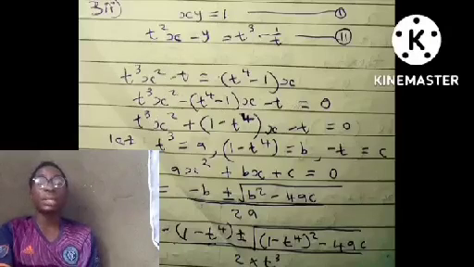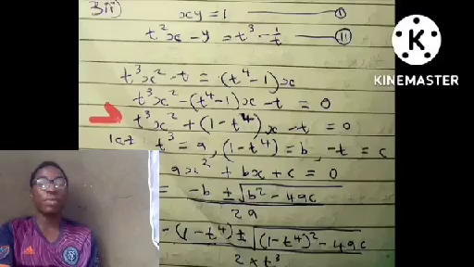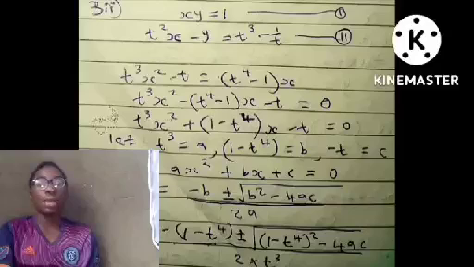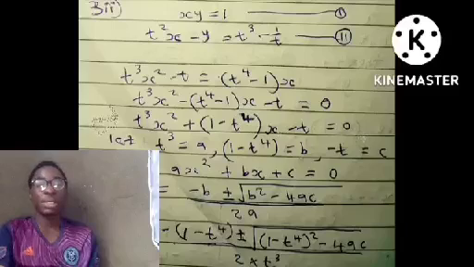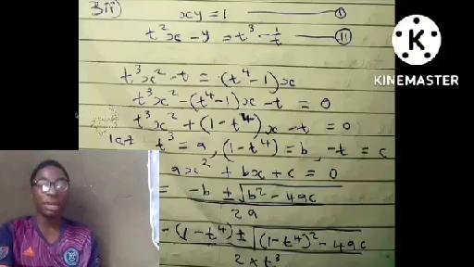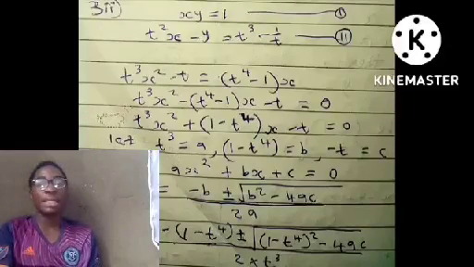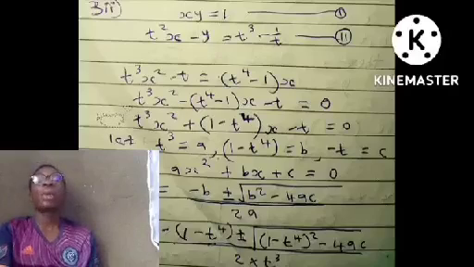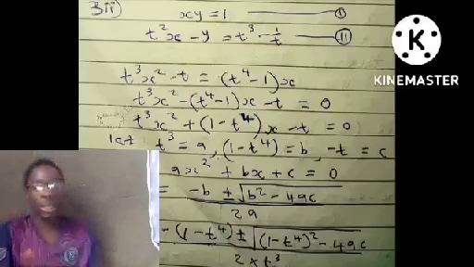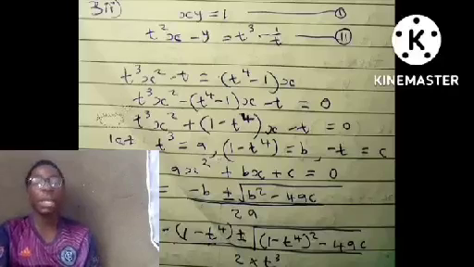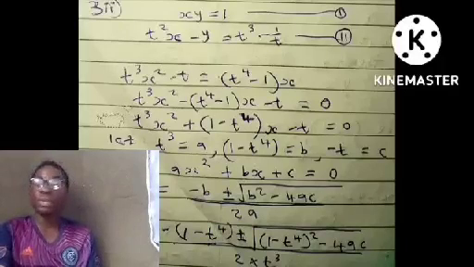So this one has already formed a quadratic equation like this. So now we have t cubed x squared plus 1 minus t to the power 4 times x minus t, and this equals 0. On this line, I'm forming a quadratic equation. So I now say let t cubed equal a, 1 minus t to the power 4 equal b, and minus t equal c. Now this will give me the form ax squared plus bx plus c equals 0.